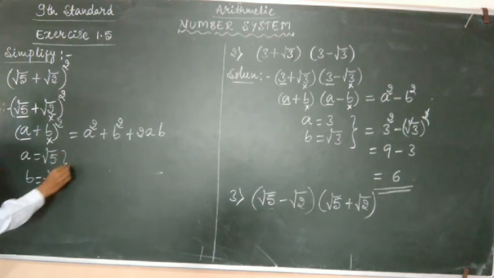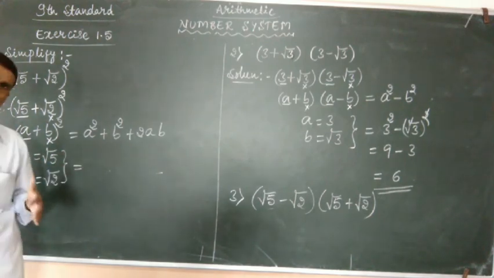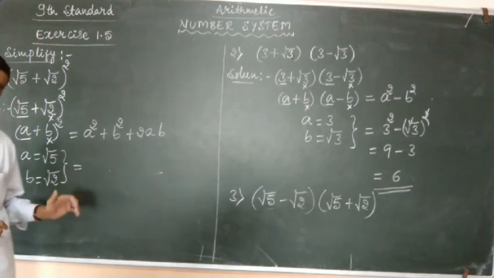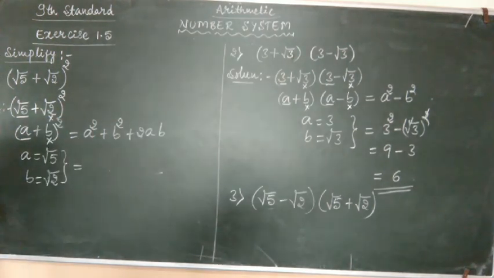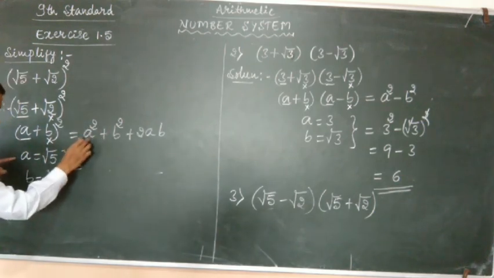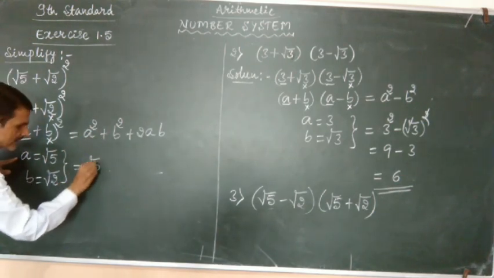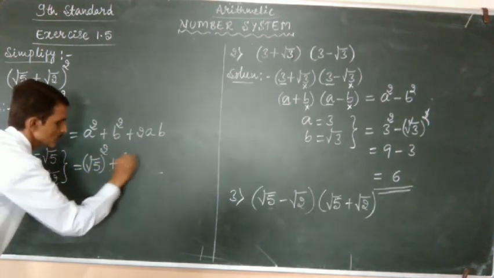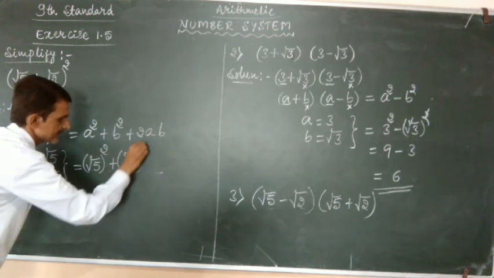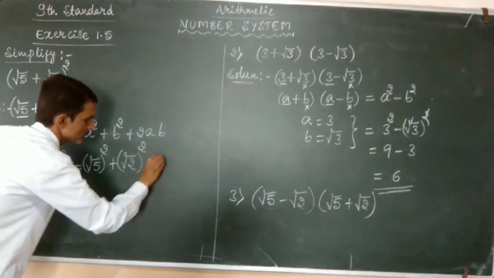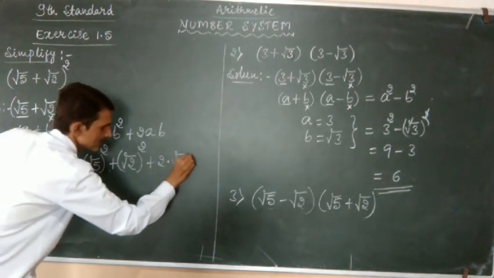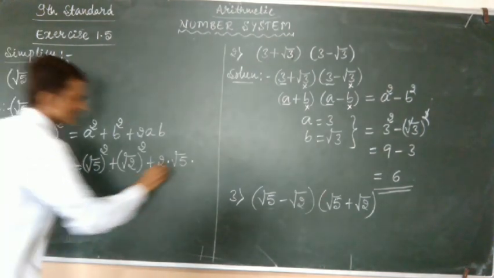So now substitute the value of a as root 5 and the value of b as root 2 in the right side. So we will get root 5 whole square plus root 2 whole square plus 2 into the value of a, root 5, into the value of b, root 2.